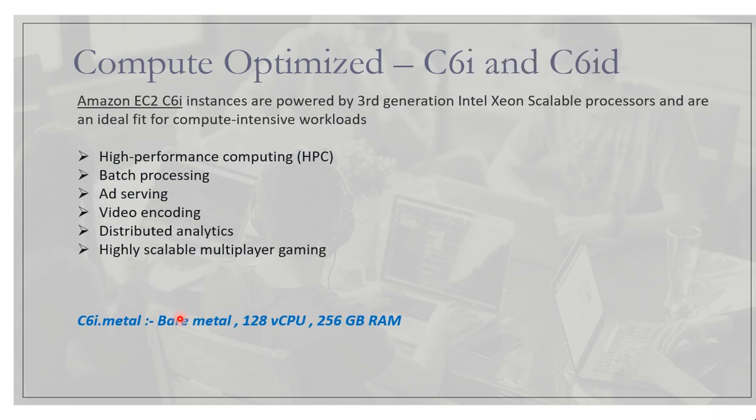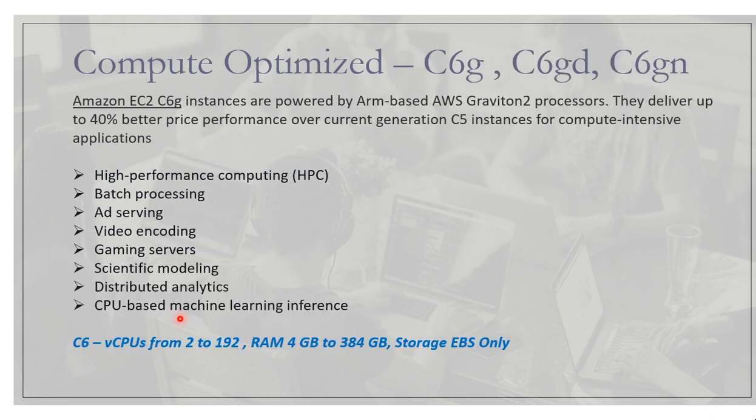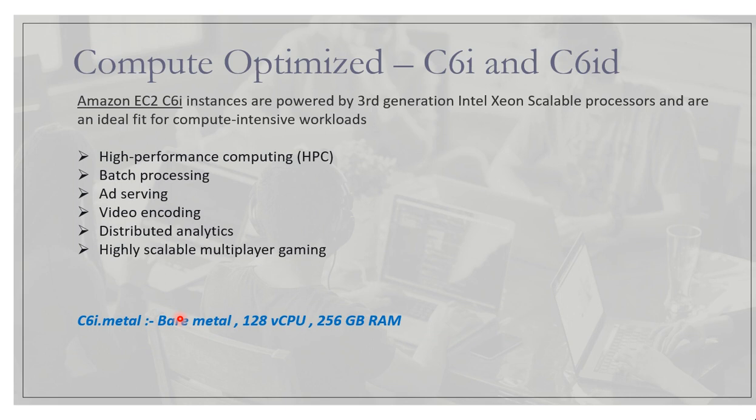That was the C6g and C6gd series, and the last one is C6i and C6id. These are third generation Intel Xeon scalable processors, an ideal fit for compute intensive workloads such as ad serving, video encoding, and distributed analytics. These are also bare metal.